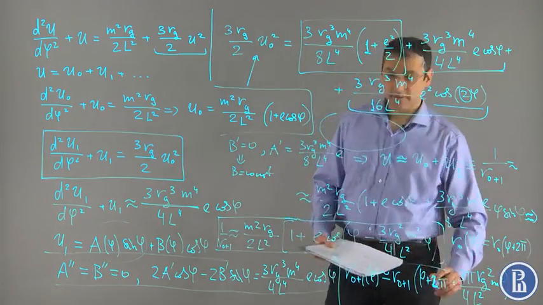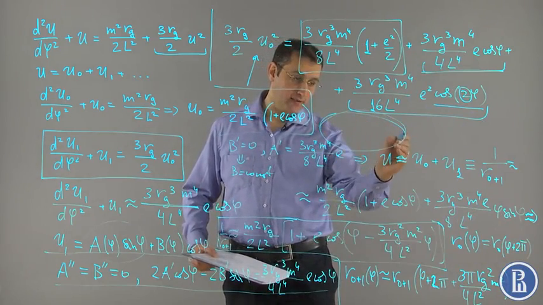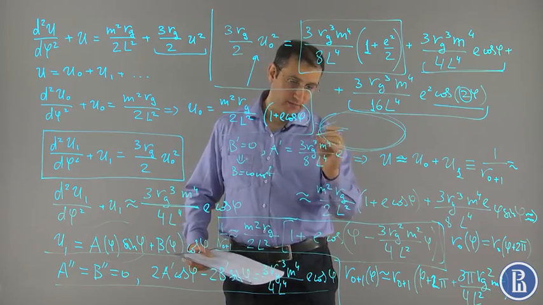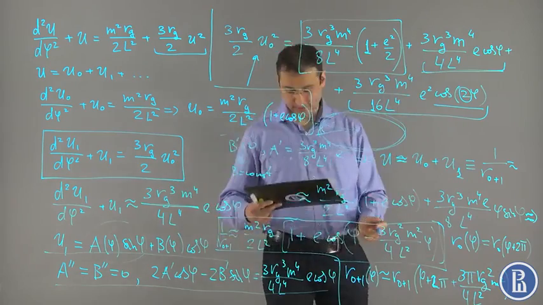So there is a precession. So the particle doesn't go back, but is a little bit shifted by a small angle following from here. So the angle follows from here.